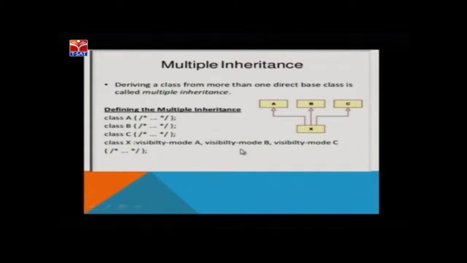So if we define X with all the 3 base classes, it consists of the features of all the 3 base classes and its own features.